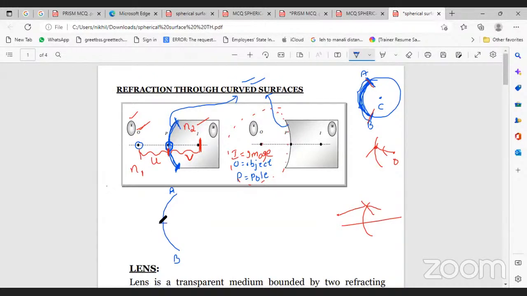What is the midpoint of this curved surface called? The pole. For this curved surface, does the center of curvature lie on the right side or left side? Right side. So this is the center of curvature.